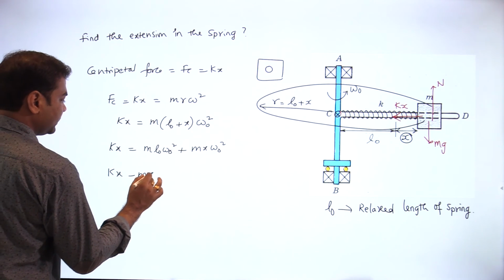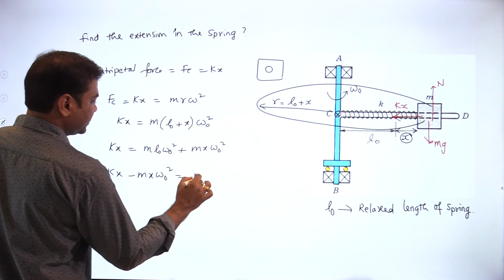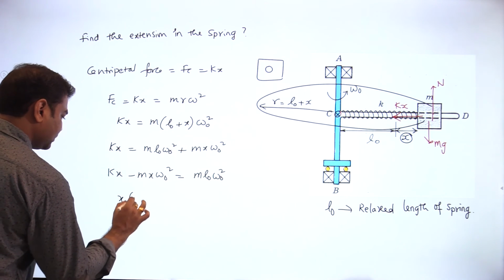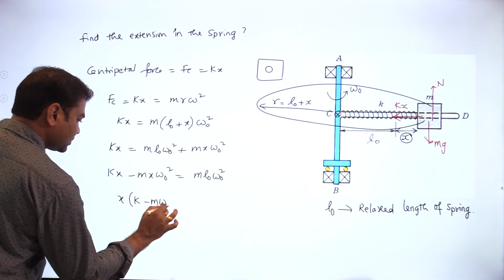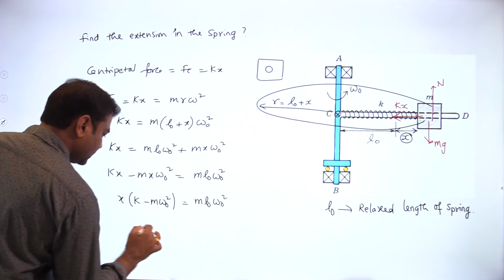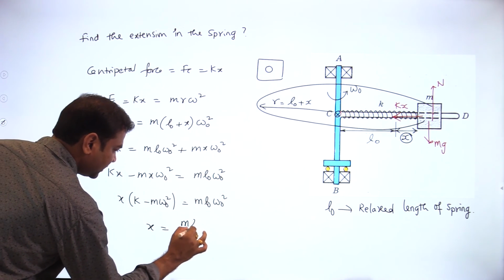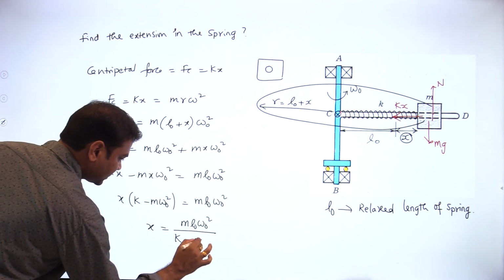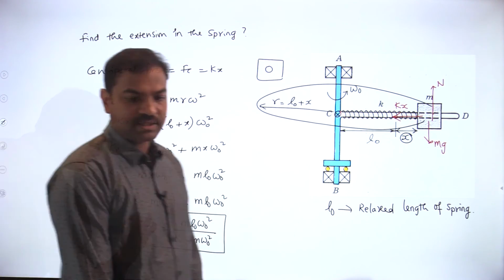Kx minus m x omega naught square is equal to m L naught omega naught square. Then x into (k minus m omega naught square) is equal to m L naught omega naught square. Then what is the x value equal to? m L naught omega naught square by (k minus m omega naught square). That is the extension value.